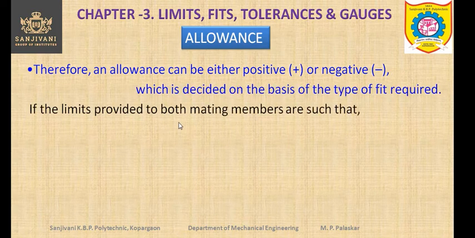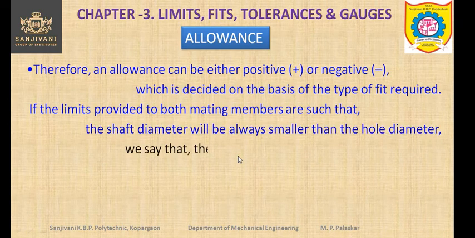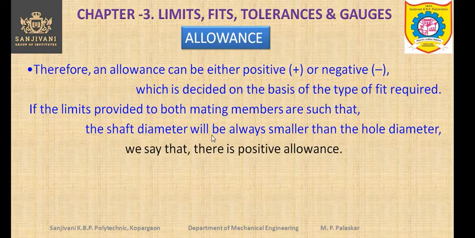If the limits provided to both the mating members are such that the shaft diameter will always be smaller than the hole diameter, then we say that there is a positive allowance.